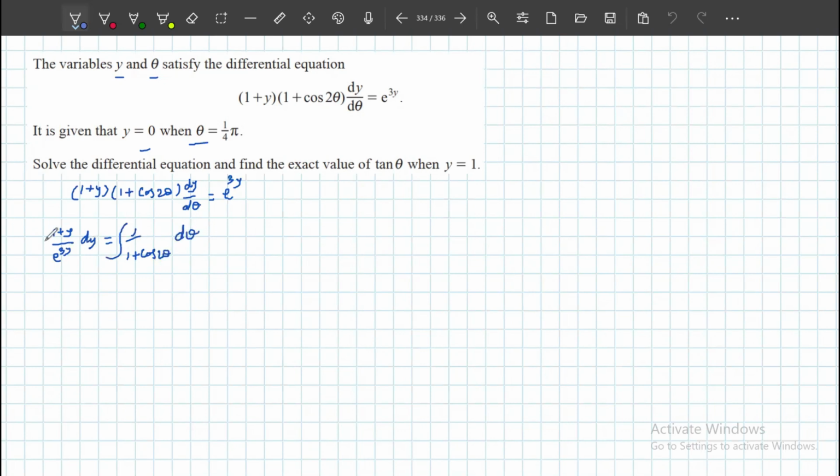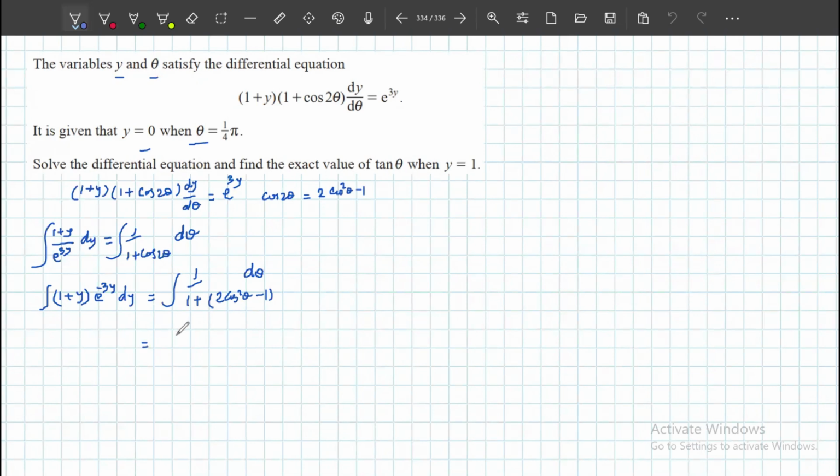So it's now separated, so we can apply integration, or we can do one more step: 1 plus y, take e power 3y up, so it becomes negative. On the right hand side, remember that there are different formulas for cos 2 theta, so here I'm applying 2 cos square theta minus 1. This gives me 1 over 1 plus 2 cos square theta minus 1 d theta.